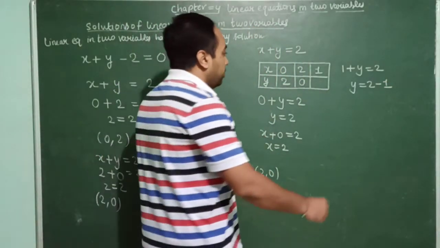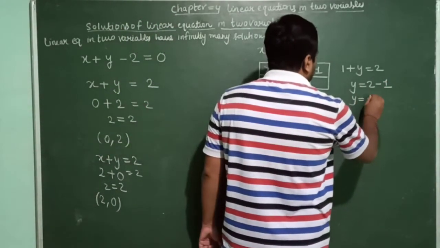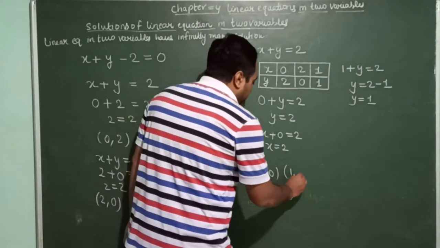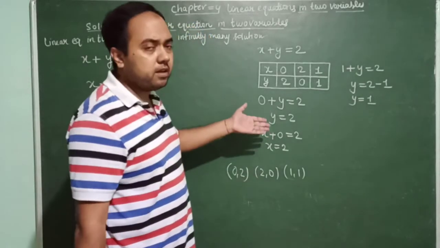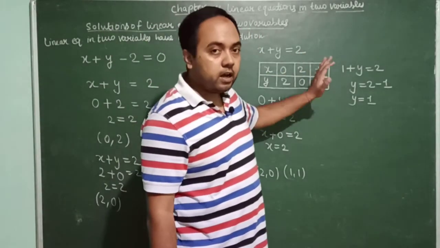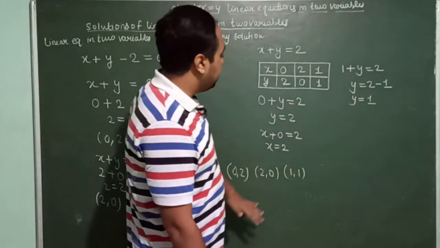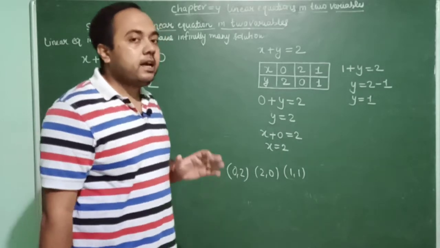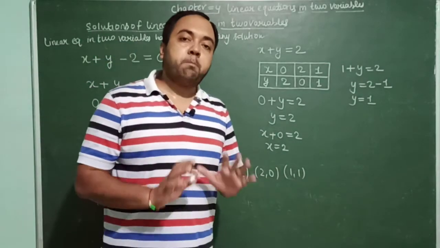So y is equal to 2 minus 1, this will give you y is equal to 1. So the third solution is (1, 1). In the same manner, for each value of x there will be a corresponding value of y, and vice versa. So we can say that a linear equation in two variables has infinitely many solutions.